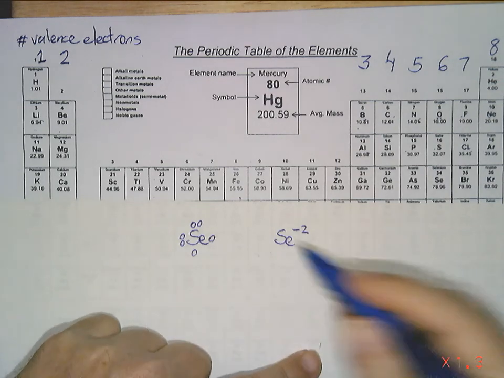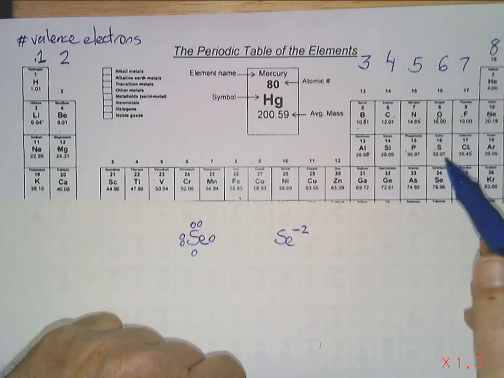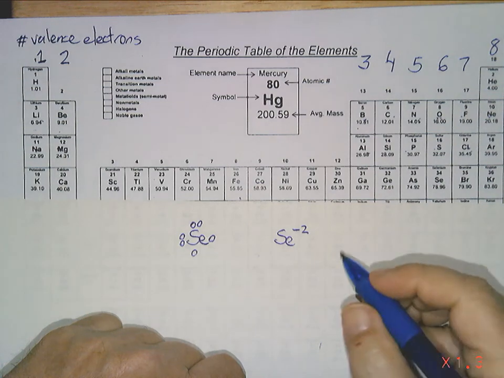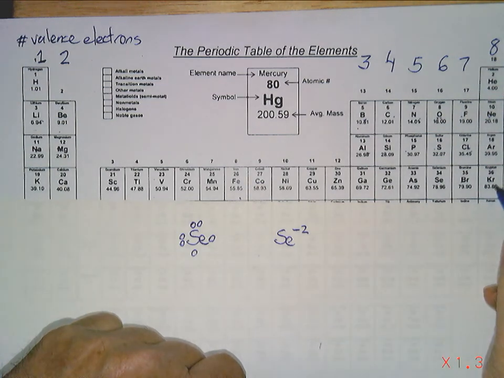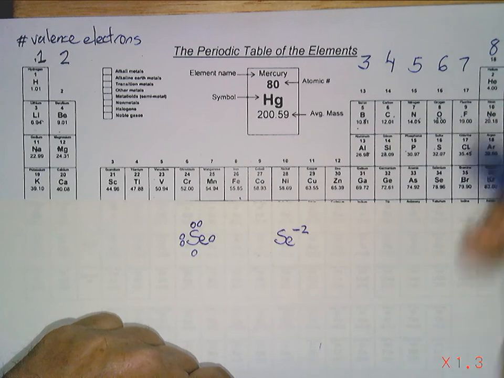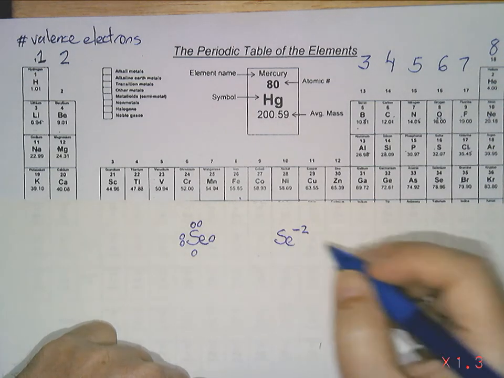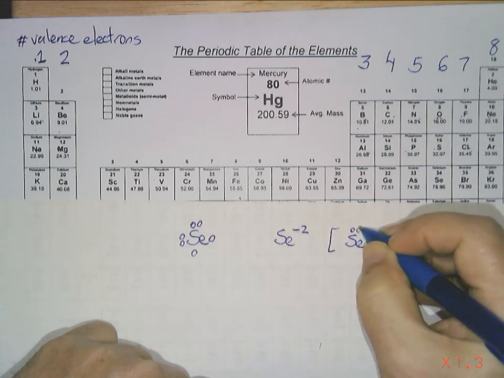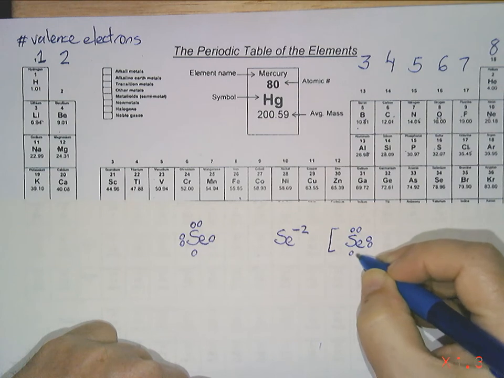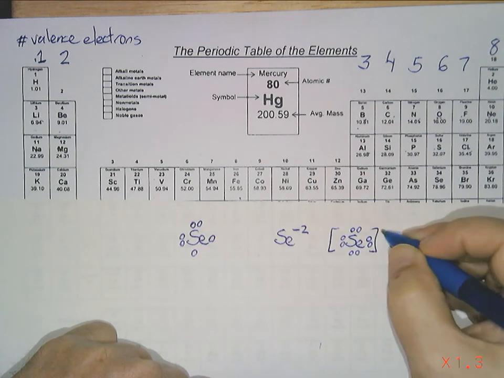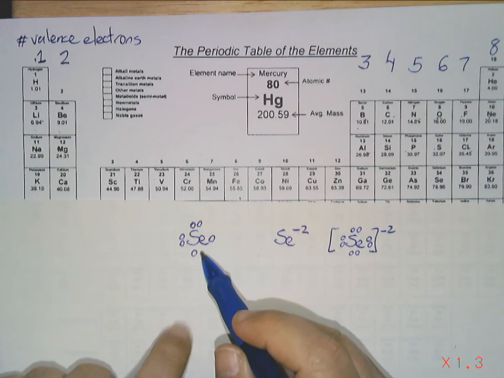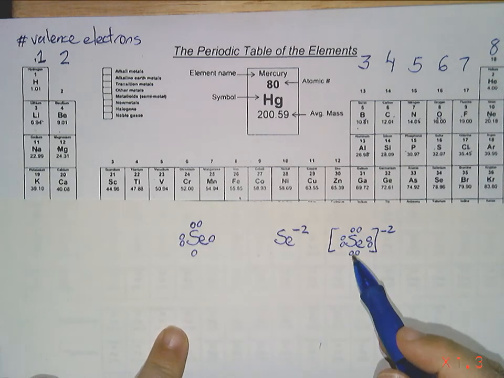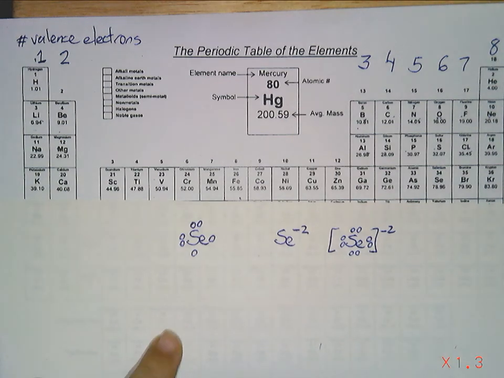Selenium ion, selenide ion I'd call it, has got how many electrons? It's picked up 1, 2, so it's got a krypton configuration. It's got the same number of valence electrons that krypton has, which are 8. So I can write the selenium ion Lewis structure like this. It's a selenium with 8 valence electrons around it. 2 more than I had over here. Here's a selenium atom. Here's a selenide ion. Okay?